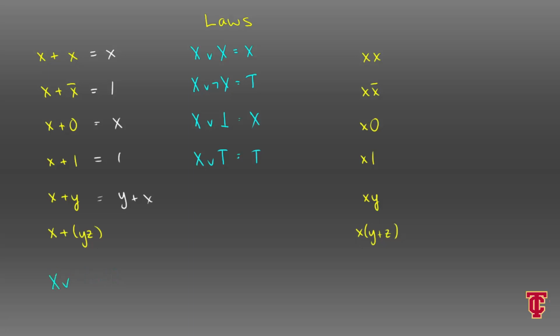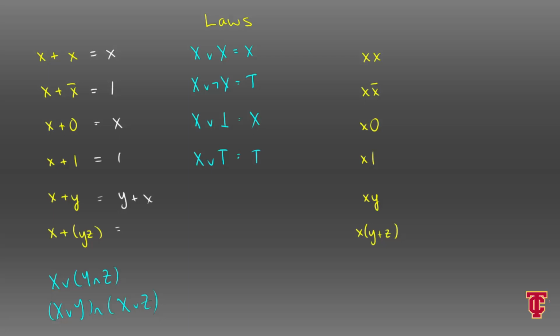So X or Y and Z, we know this is the same thing as saying X or Y, and X or Z, right? We're just using De Morgan's law to expand what we get, so we see the same thing with digital logic.